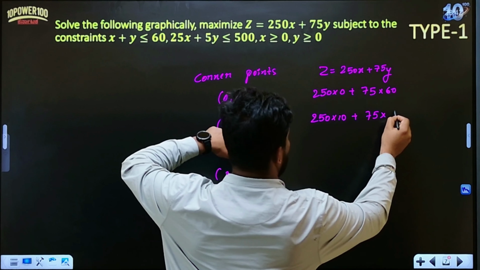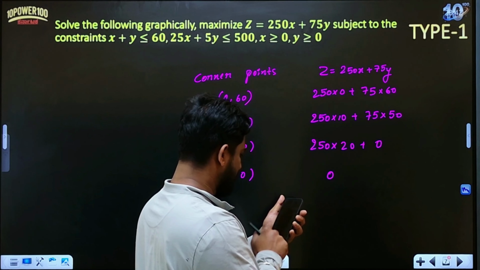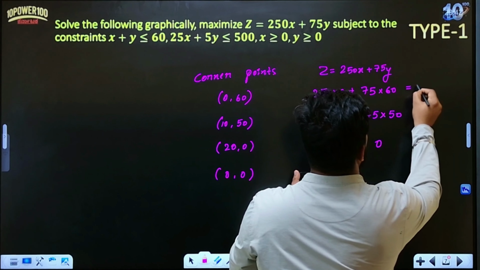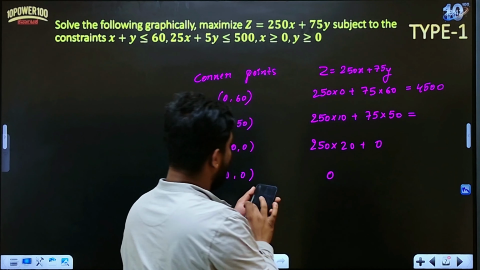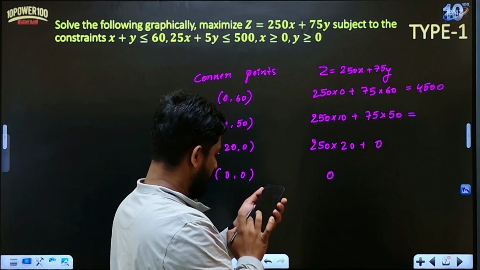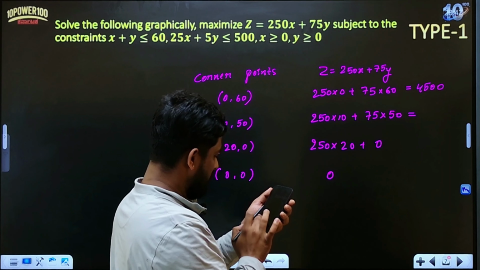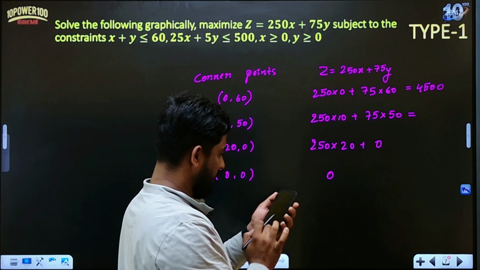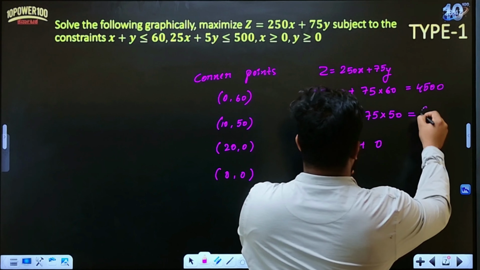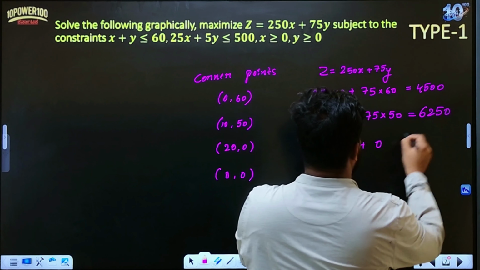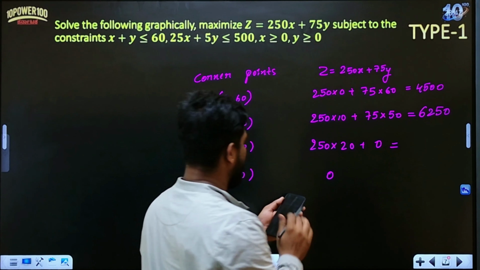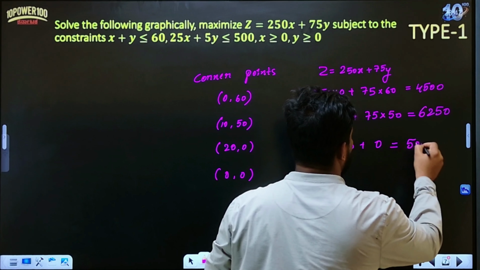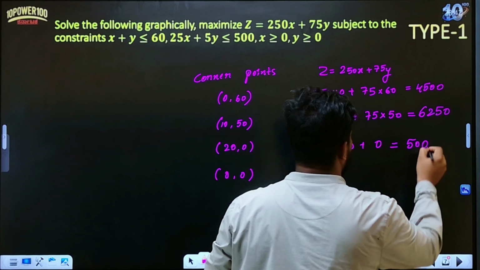So now let's calculate all of this. 75 into 60 is 4,500. 250 into 10 is 2,500 plus 75 into 50, so this is 6,250. And 250 into 20 is 5,000. And this is 0, right?